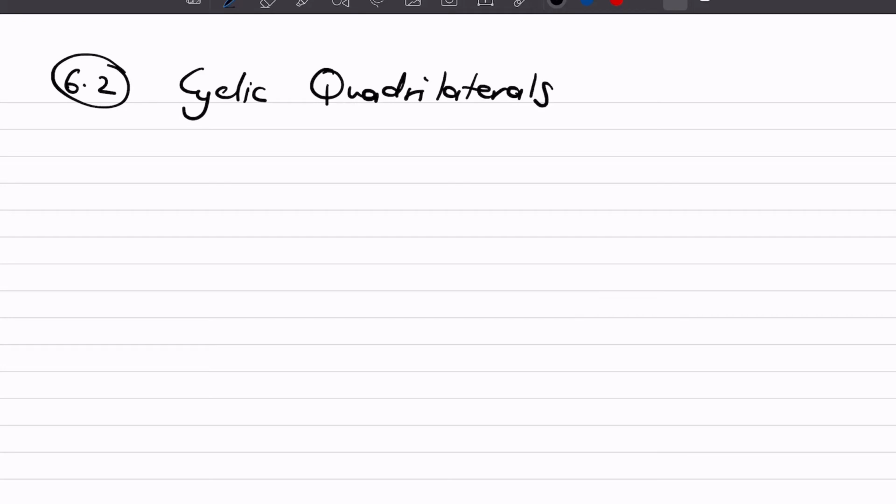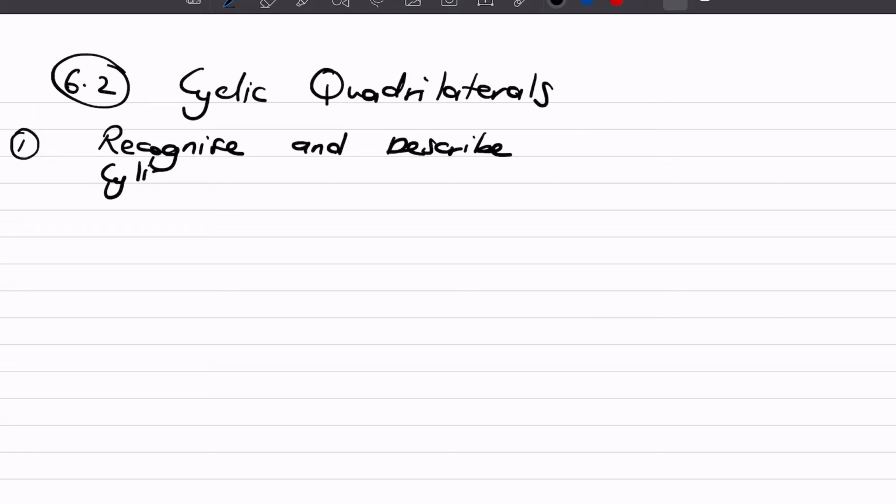So in this particular subtopic, the first part is about recognizing and describing cyclic quadrilaterals. Okay, this is the first part that you have to know.